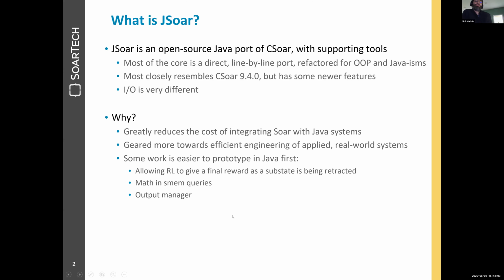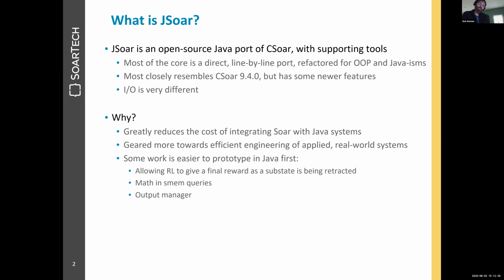So why would you use JSoar? In our experience, us being Soar Technology, it greatly reduces the cost of integrating Soar with Java systems. It's geared towards efficient engineering of applied real-world systems, and so we're very much concerned with how quickly we can integrate Soar with various Java applications.